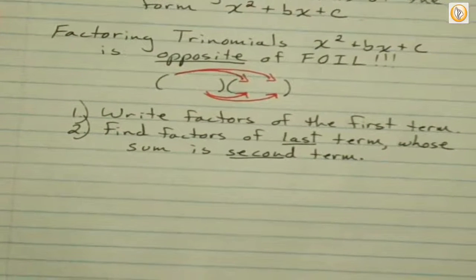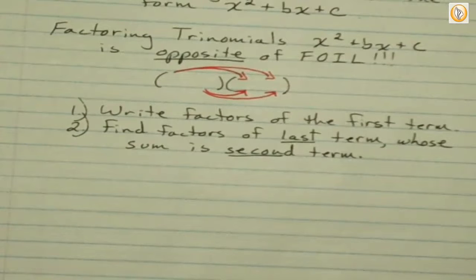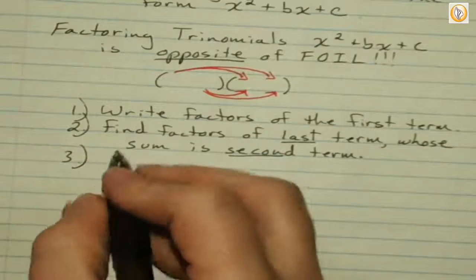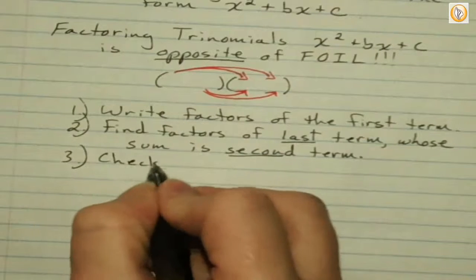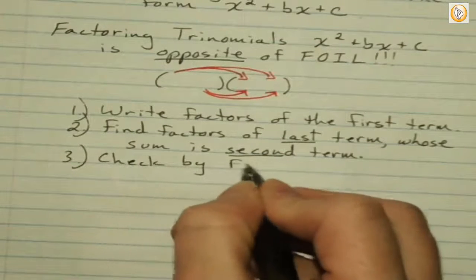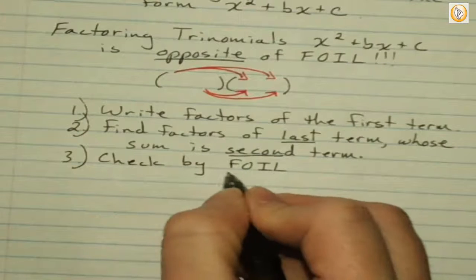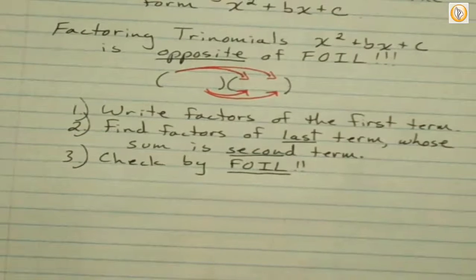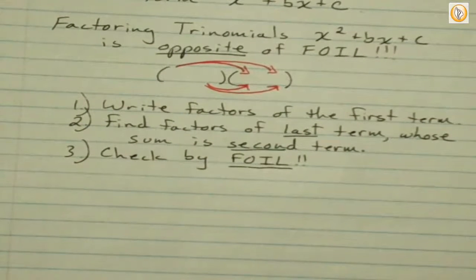So, I mean, yeah, the steps legit are: write factors of the first term. Part 2 says find factors of the last term whose sum is the second term. This is why we'll be doing lots of examples. Step 3, check by FOIL.